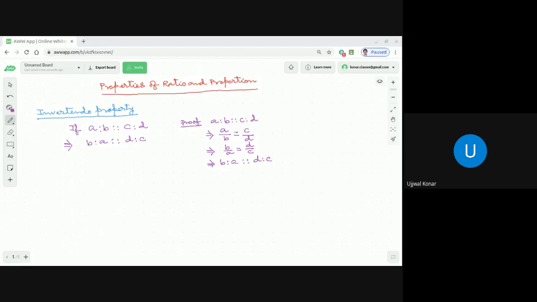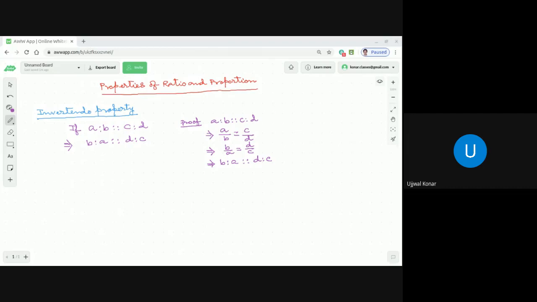As you see, if the ratio A is to B is equal to the ratio C is to D, then we can say that the ratio B is to A is equal to the ratio D is to C. Okay. So the first property we discussed is the invertendo property, as you understood.